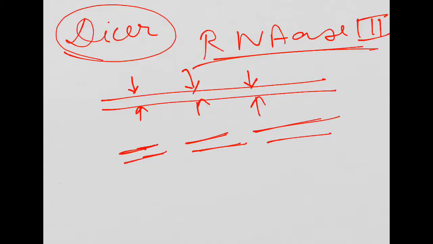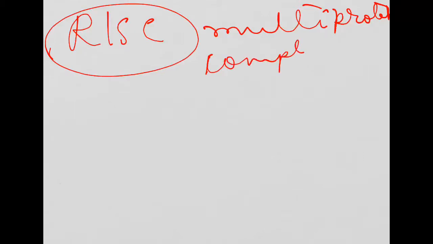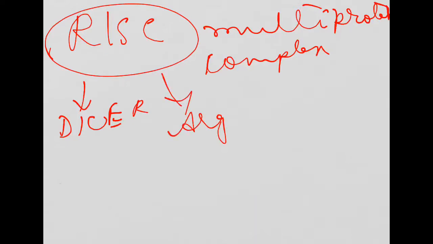There is another enzyme involved which is called RISC. It's a multi-protein complex. There are a lot of proteins involved in the formation of RISC. It's not a single enzyme. There are a lot of enzymes involved, like your DICER will be there, then your Argonaute protein family will be there.